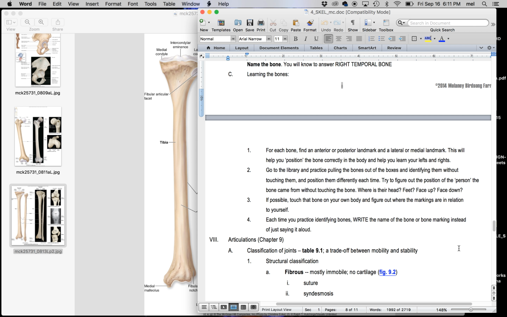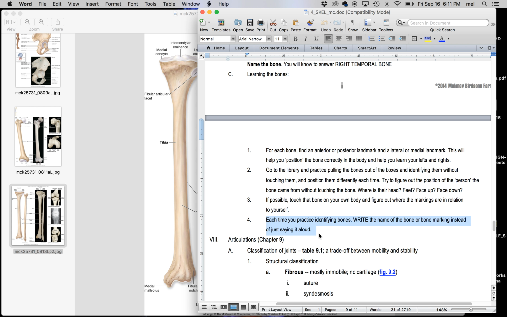Okay, and then this last one is just a habit that most people don't try until they don't do well on a practical. When you are identifying whether it's bones or muscles or anything else, saying them out loud does not mean that you can write them down.